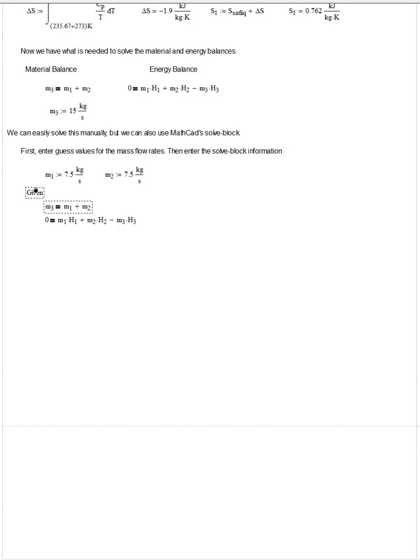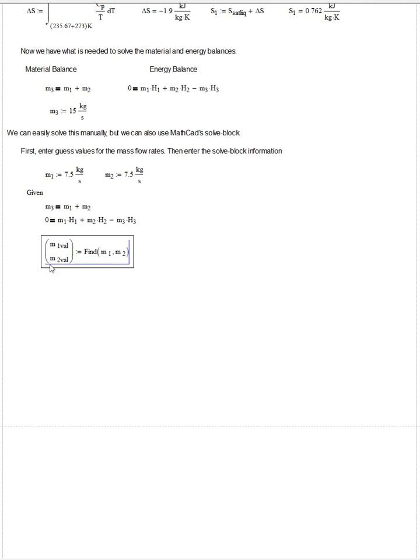So let's set up our solve block now. It's using the Given statement. Given is a specific MathCAD command to tell it that we have a solve block. I copied and pasted these equations using the Boolean equal, or control equal, for defining my equations: my material balance, my energy balance, and then my Find.